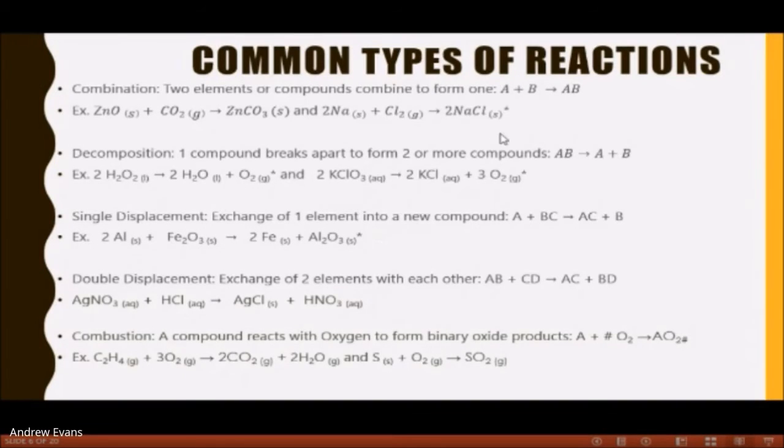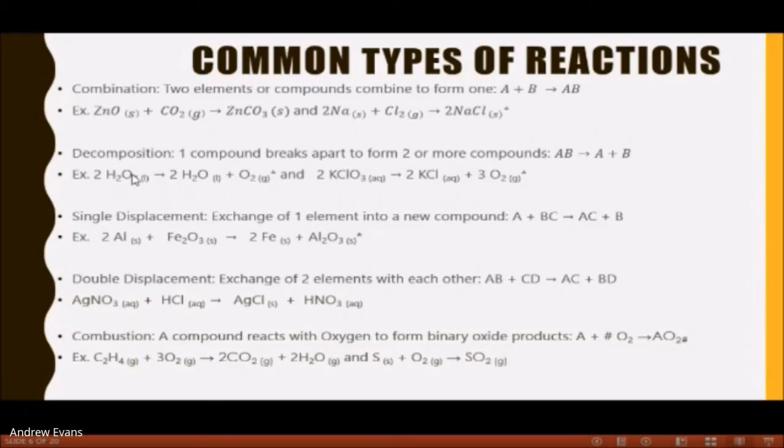All these reactions with a little asterisk are also oxidation reduction reactions. Now, sodium as an element is charged 0. Chlorine as an element is charged 0. But sodium and chloride together would be Na plus and Cl minus. Sodium has gone from 0 to plus, chlorine has gone from 0 to minus. They have changed charge states. Hydrogen peroxide is H plus, O 1 minus, goes to H2O, which is H plus, O 2 minus, and oxygen 0.